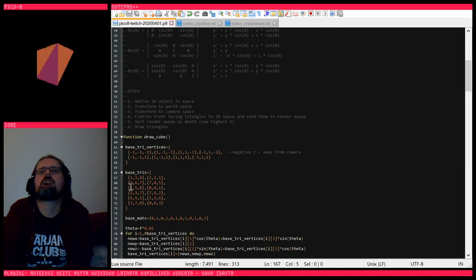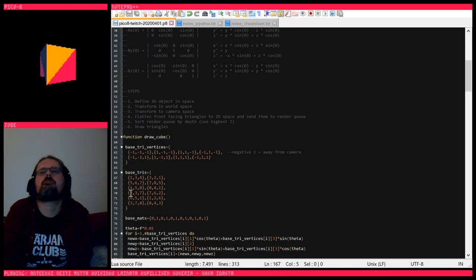So left, so that's from 1 to 5. So it comes towards the camera and it goes down. Yes, that should be clockwise, as should be this. Now this is the right side.